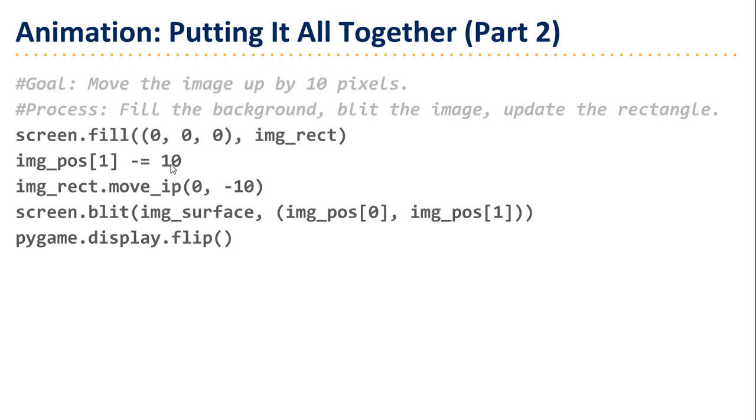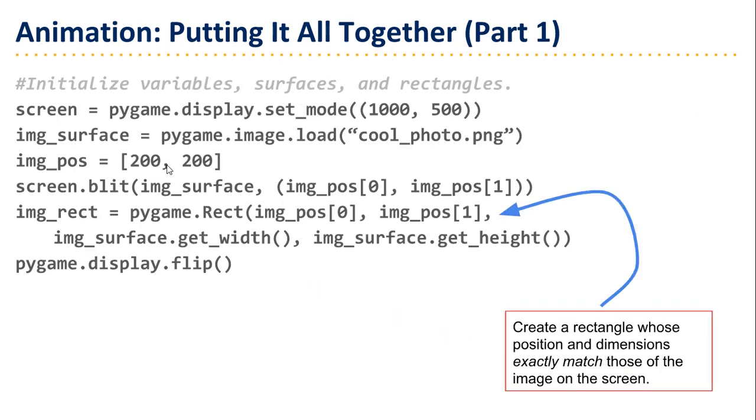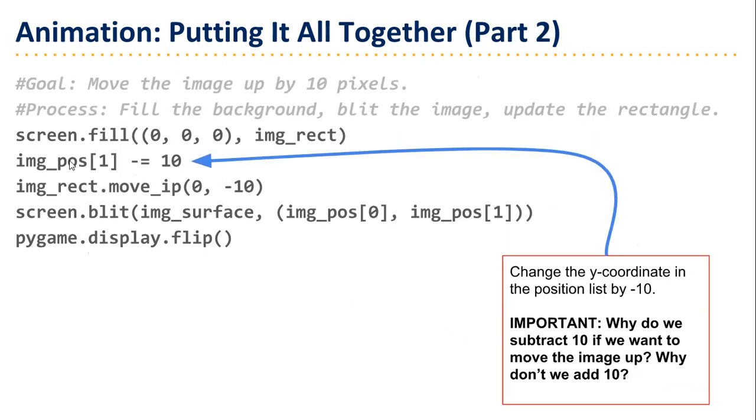Maybe you could figure out a way to do it, but it would probably be a headache, and it's a much better idea to just store the position in a list of the x-coordinate and the y-coordinate, and then bind that to a variable. So now, when I want to actually change the position, I can just use that variable. I don't have to know what the position was.